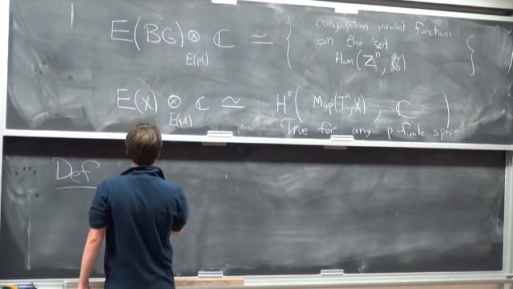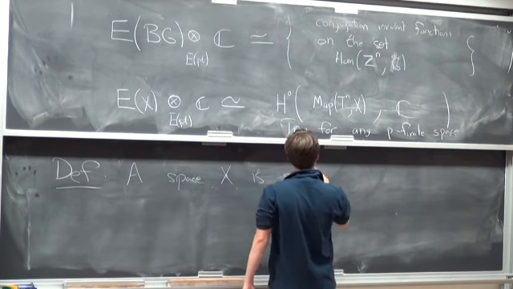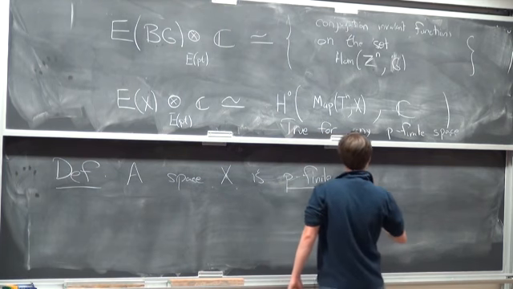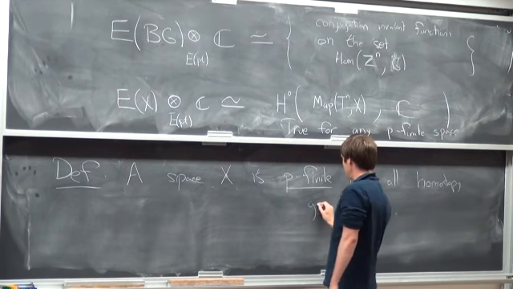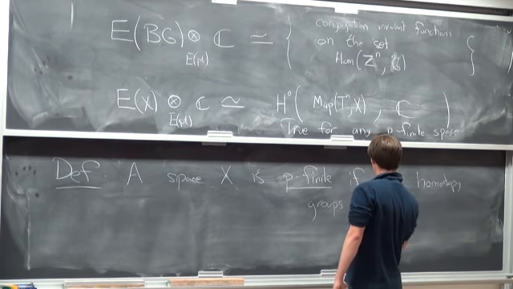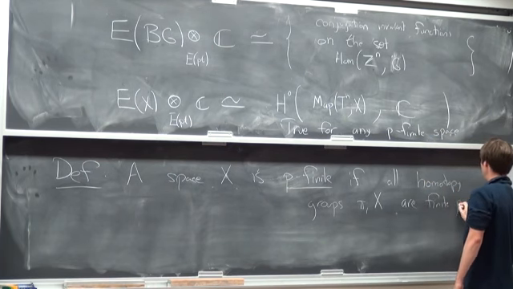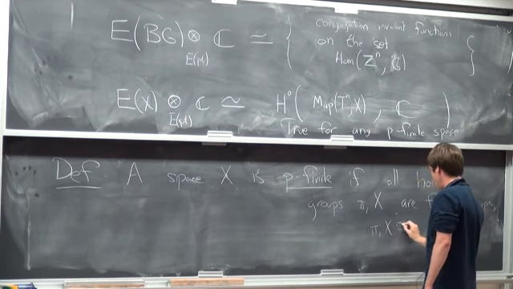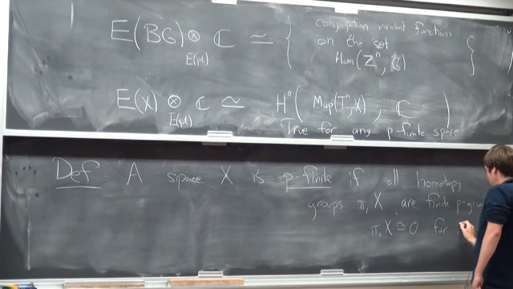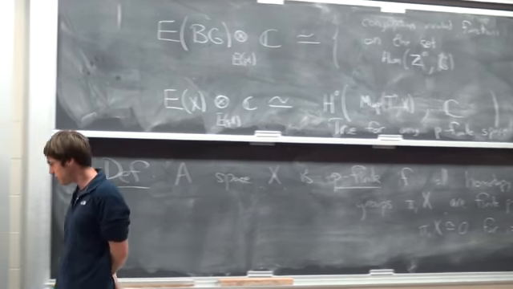So we'll say that a space X is p-finite if all homotopy groups pi I of X are finite p groups, and pi I of X vanishes for large values of I. So finitely many homotopy groups, and all the homotopy groups are required to be finite p groups.